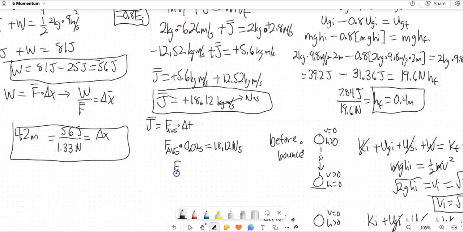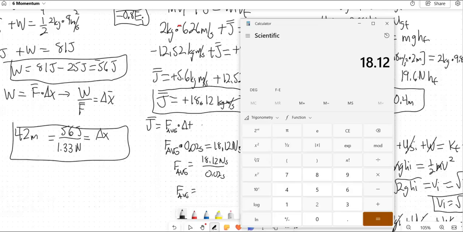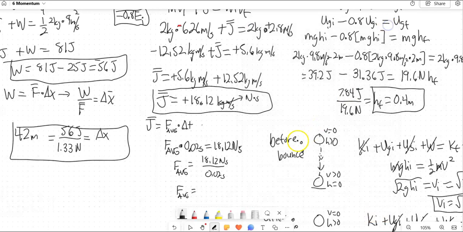So the average force, we're going to take that positive 18.12 Newton seconds and divide it by 0.02 seconds. So the average force, let's go ahead and figure that out. So this is going to be 906 newtons.